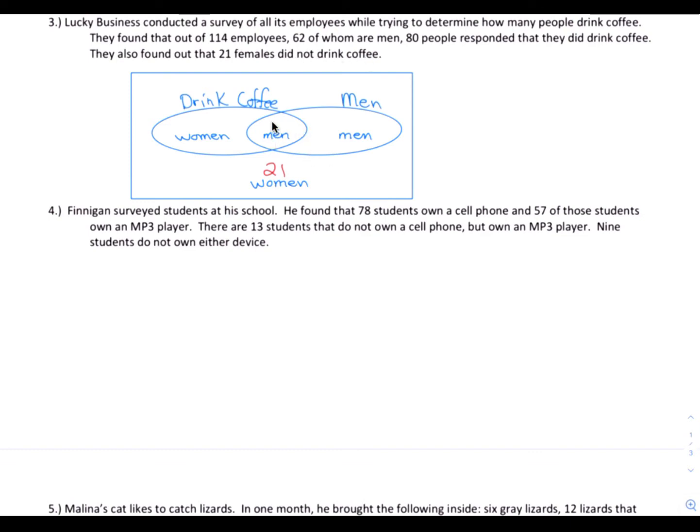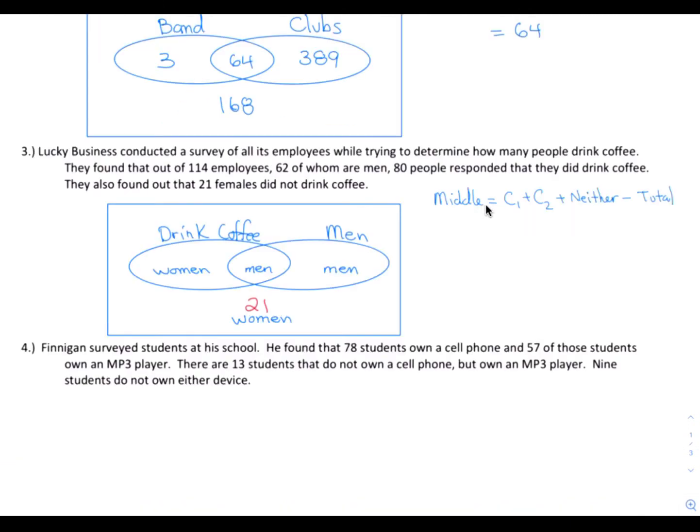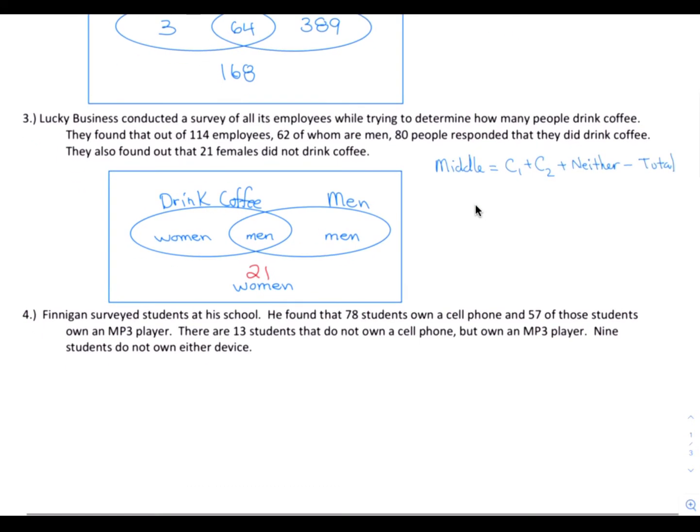Now we don't know how many men drank coffee, so what we need to do is use the formula to find the middle again. And that formula is middle is equal to circle 1 plus circle 2 plus neither minus the total. Circle 1 is how many that drink coffee, and that's 80. Circle 2 is how many men, that's 62.